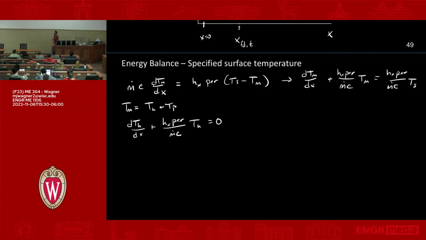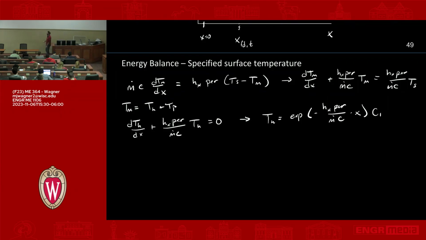That's the definition of the homogeneous part. If you look up the solution in a table, Th is equal to exponential of minus h_x perimeter over m dot c times x, times some unknown constant C1.